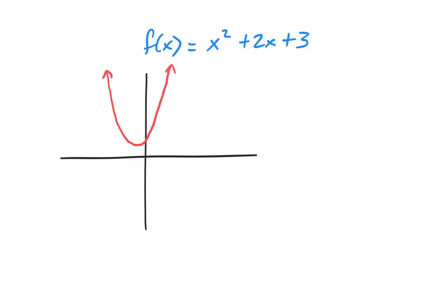Should get a parabola. It's still a quadratic equation, so it's still a U-shaped graph. But this graph never crosses the x-axis, right? And so that's an issue because that's what we're looking for. We're trying to find out what are the zeros here. So what do you think we would say about our zeros?